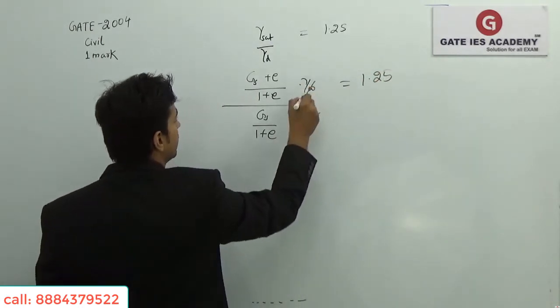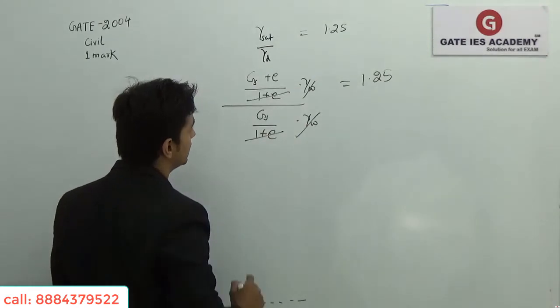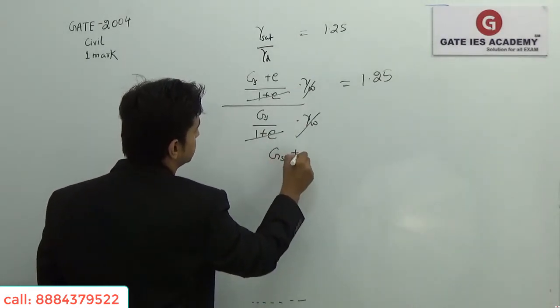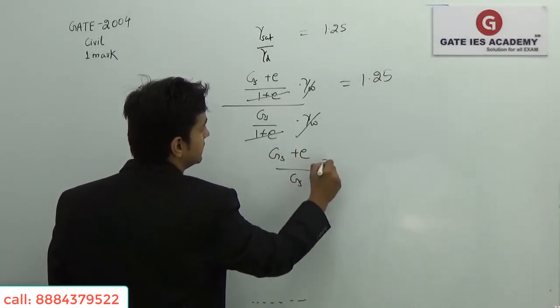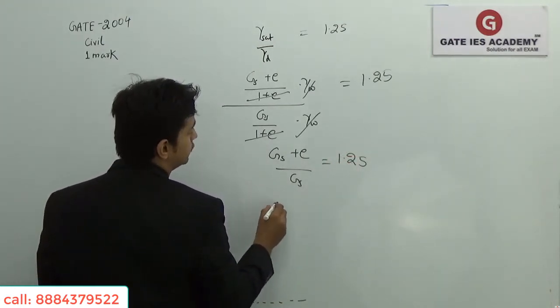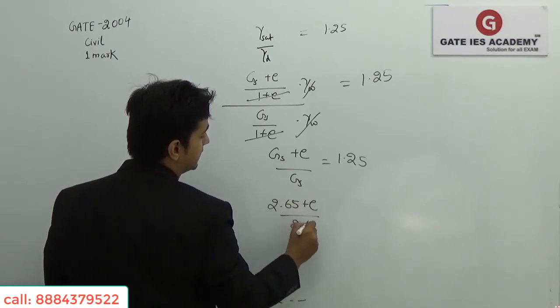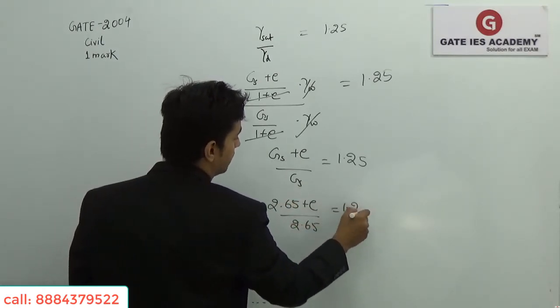Now gamma W will cancel out, and 1 plus e will cancel out. So it will be (Gs + e)/Gs equals 1.25, where Gs is given as 2.65, so (2.65 + e)/2.65 equals 1.25.